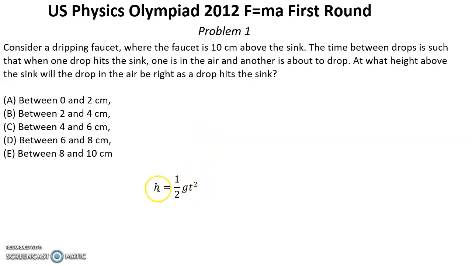So it means that height must be quadratic in time. It means that the second drop covers a height equal to h over 4, which will be 2.5 centimeters from the top. It means that it was at 7.5 centimeters above the sink, which is answer D.